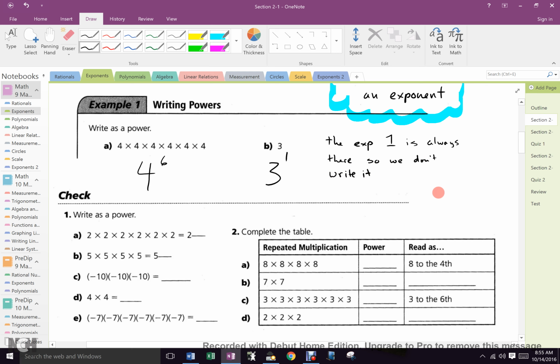Just like this. What number is that I just wrote? 7. What should be there that we don't ever write? TJ. Right. This should be 7 over 1, shouldn't it? Right? But we never write that. Same thing here. This is what we would write, but it's really 3 to the 1. Does everybody understand that? Everybody cool?